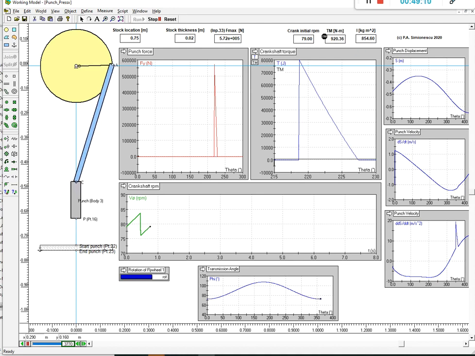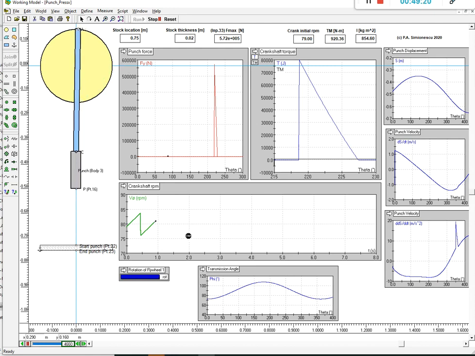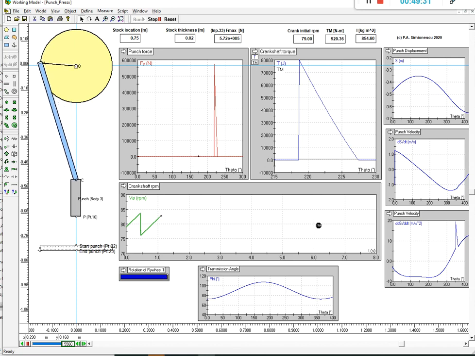If the average torque of the crankshaft is calculated correctly, this zigzagging will neither move up nor slow down. And then we can confirm the coefficient of speed fluctuation by just looking at the minimum and maximum values of the crank speed.